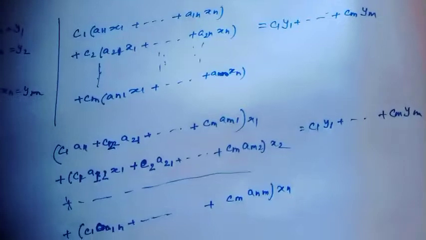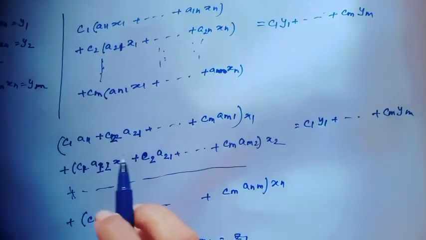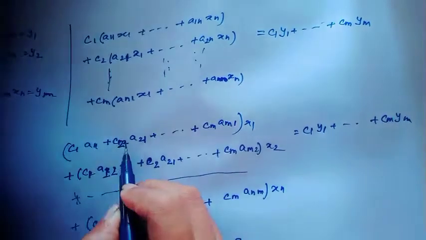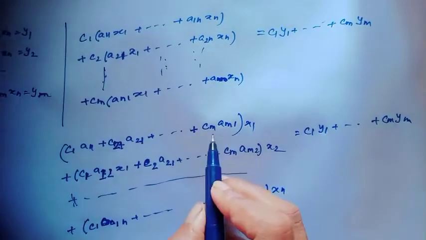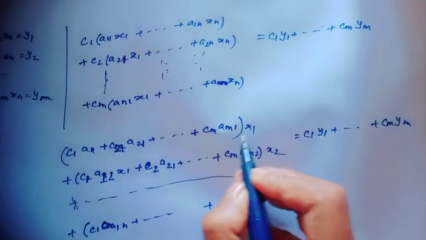Okay, rewrite this equation as (C1 A11 plus C2 A21 up to Cm Am1) times X1.